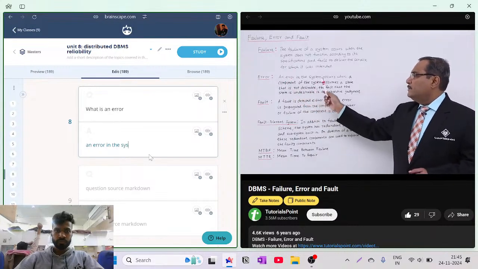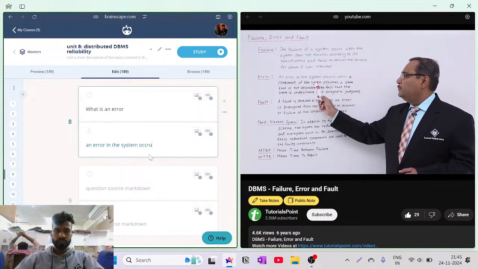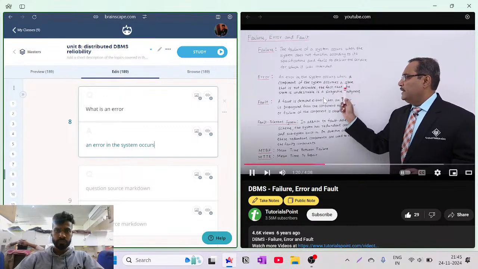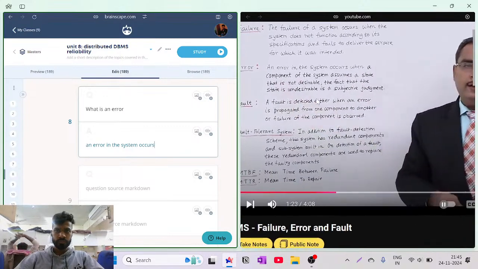An error in the system occurs when a component of the system assumes a state that is not desirable.